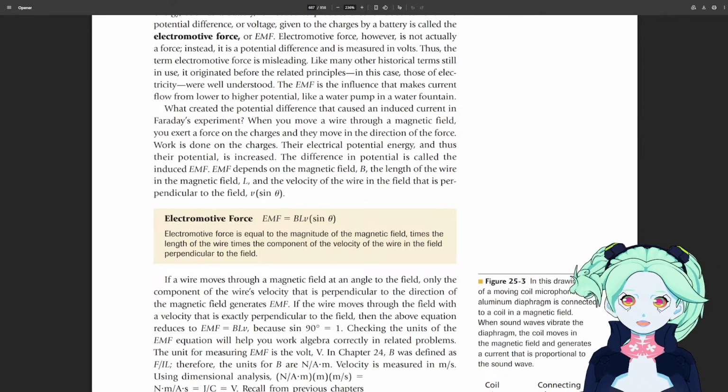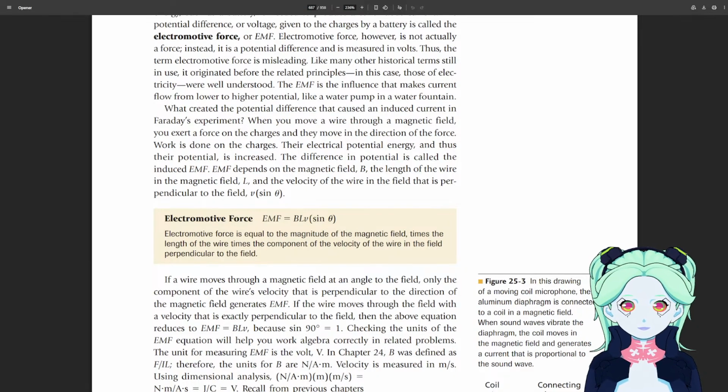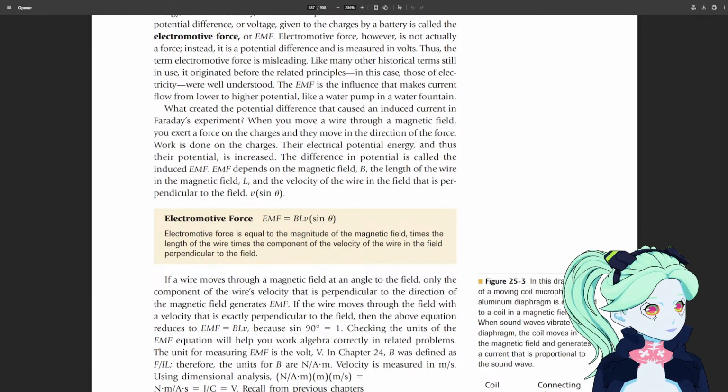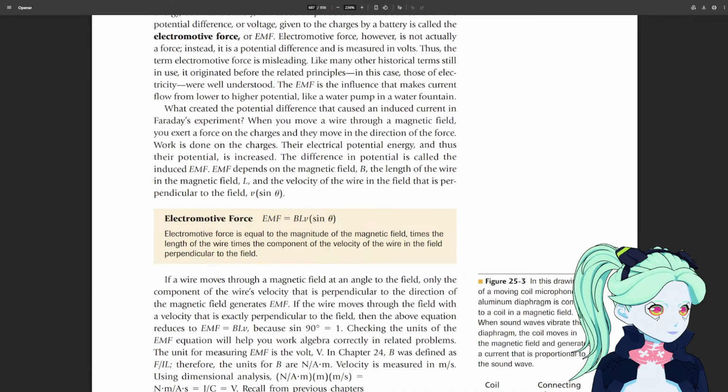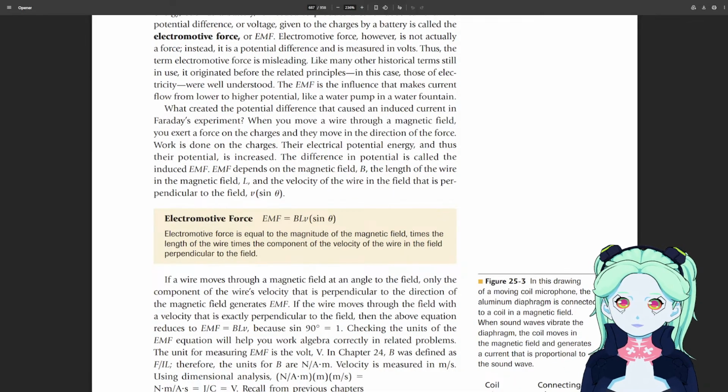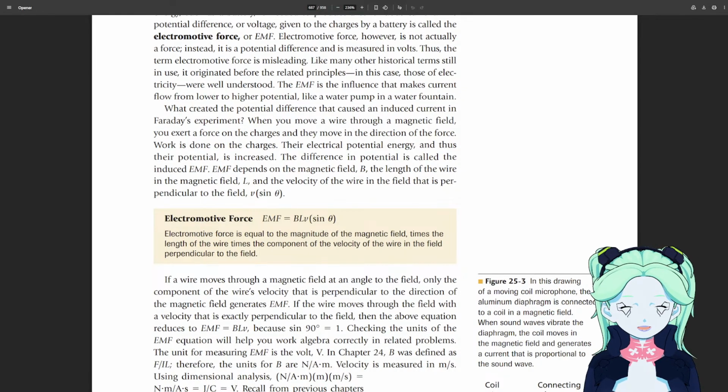All right, I've eaten enough. Wait, what? What are the units of this? Wait, what?